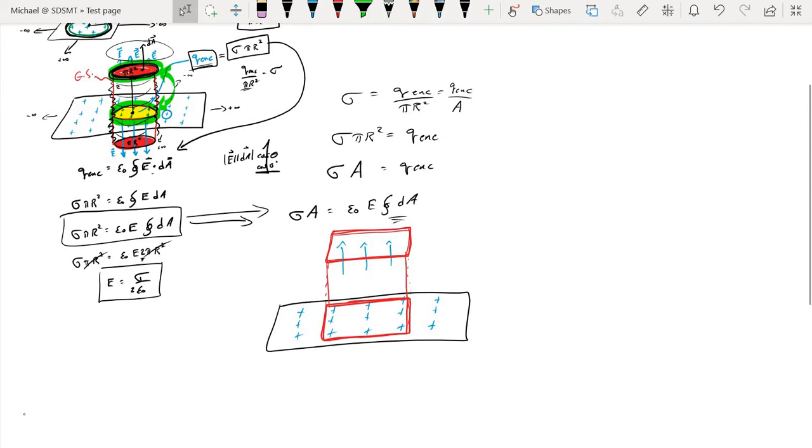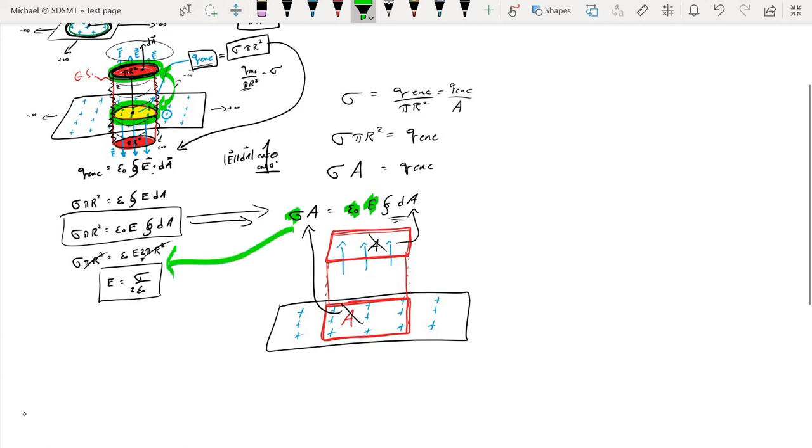But that means that we would have to take the area of our charge sample and pair that up with sigma, but then we'd have to take the area of our Gaussian surface where the electric field lines are passing through and stick that into the integral portion, and well, those are just going to cancel out again, and the only things that remain in the mathematics are the sigma, epsilon, and electric field expression.